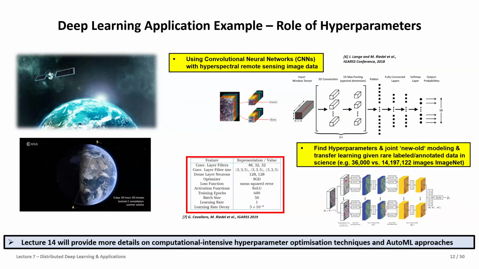Then the whole idea of even, let's say, choosing the convolutional layer sizes. You see this a little bit here in the two publications from our research, where you very fast have a huge space, an optimization space, where you want to get the best performance for the data at hand.